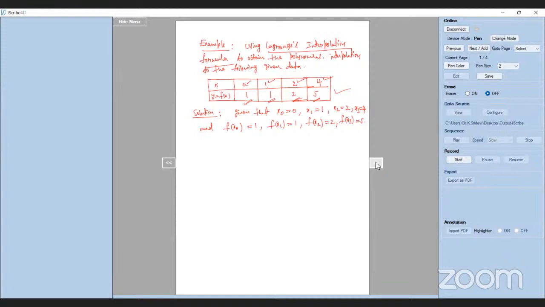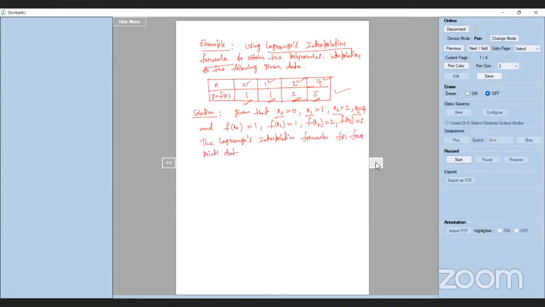It depends on the given values. How many values are there: x0, x1, x2, x3? There are 4. So according to 4 values, we can write the Lagrange's interpolation formula for 4 points.